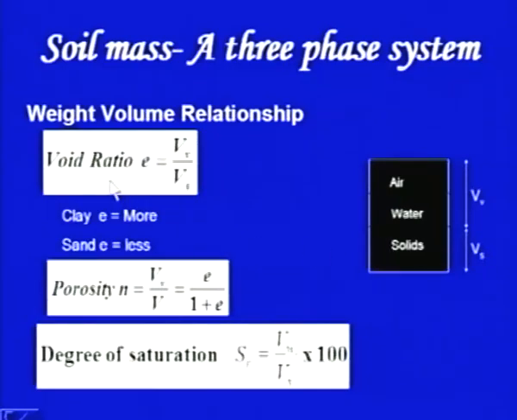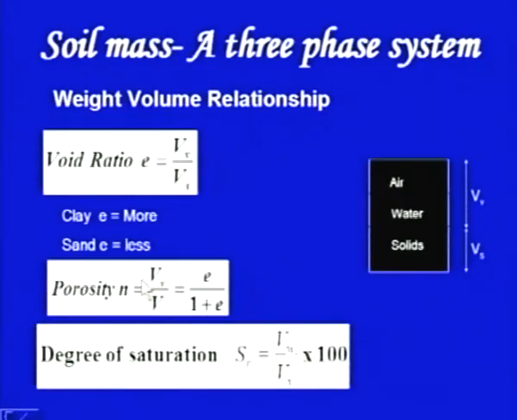The term void ratio defines the volume of voids relative to the volume of solids. In clay, you will observe that void ratio is generally more. In case of sands, void ratio is less. The other way to define the volume of voids is through porosity.